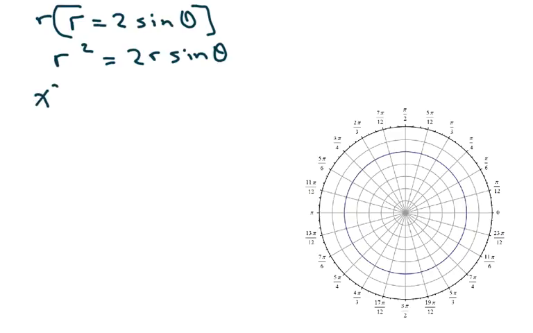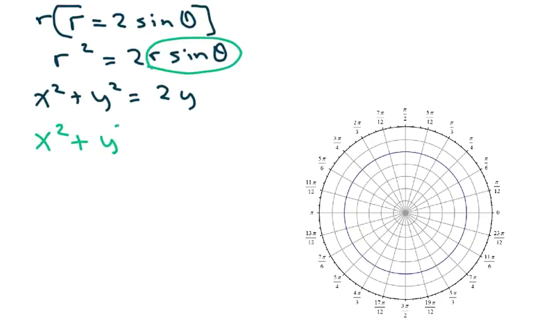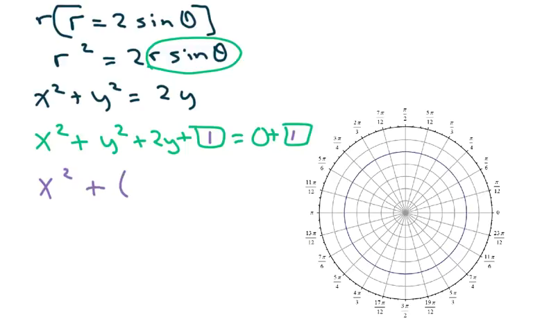And that means it's x squared plus y squared equals 2y, because this equals y. Move everything over, you get x squared plus y squared plus 2y plus, we're going to complete the square. I just moved the y over. Complete the square, you get a 1 here. So you get x squared plus y plus 1.